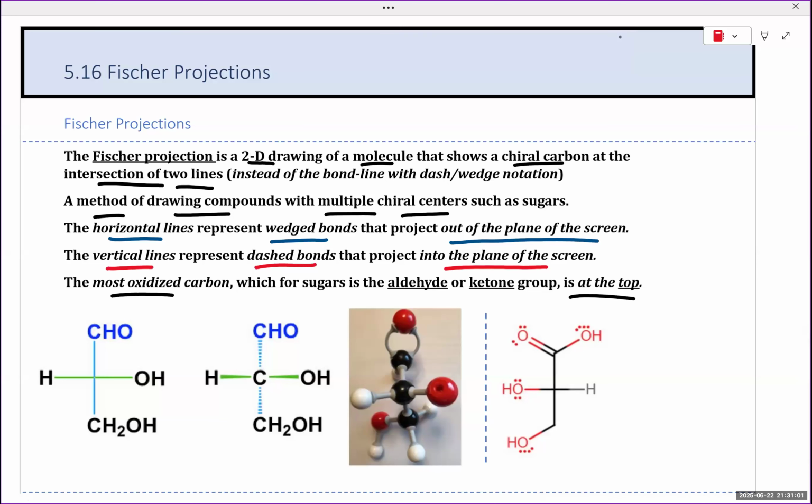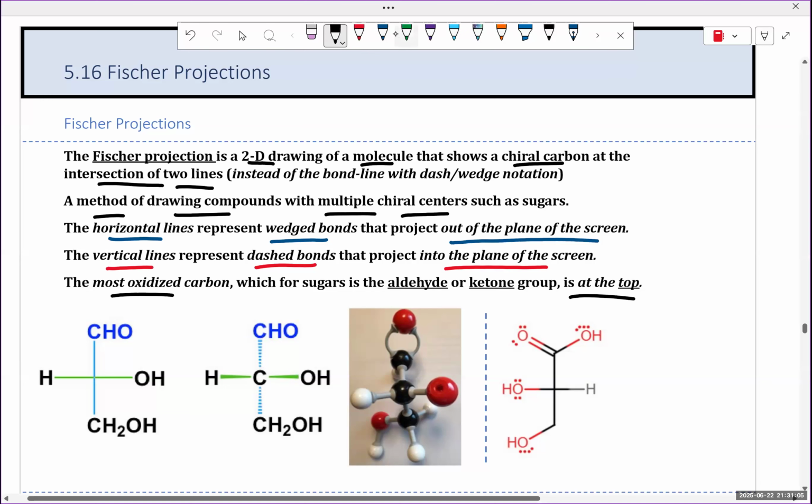So for example, when the Fischer projection shows you a vertical and horizontal line, what this is telling you is that the vertical lines are dashes, while the horizontal lines represent wedges. Here's what this looks like from a model perspective.